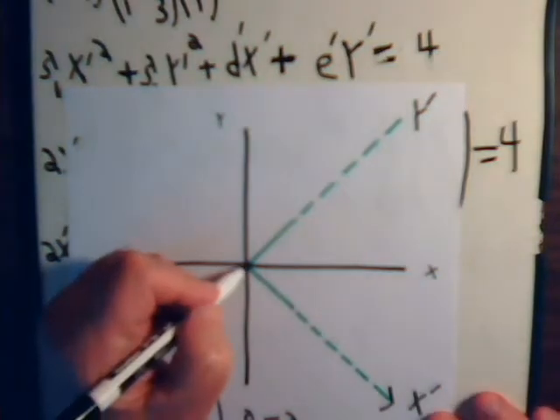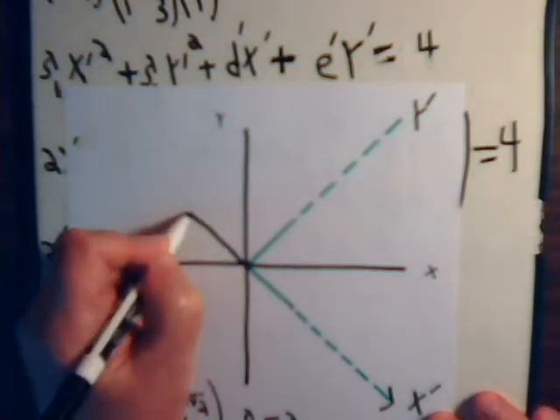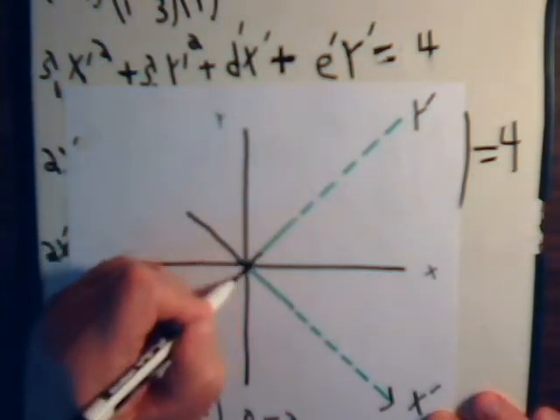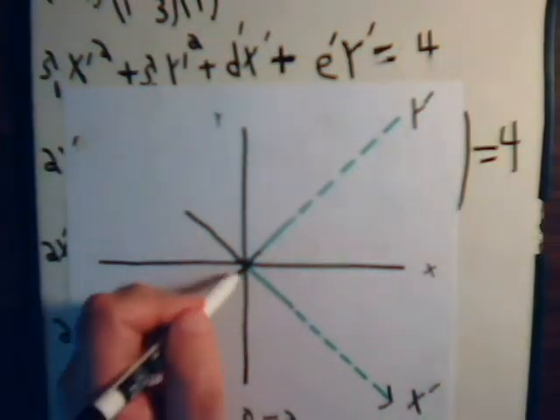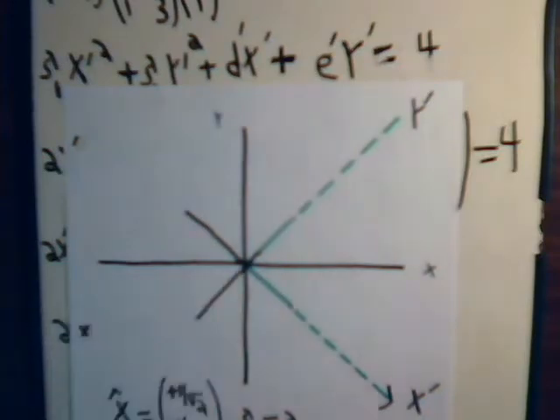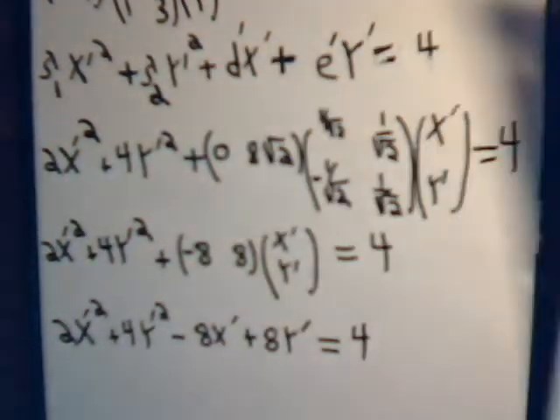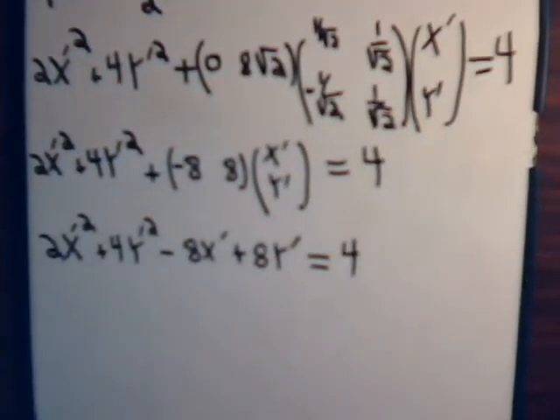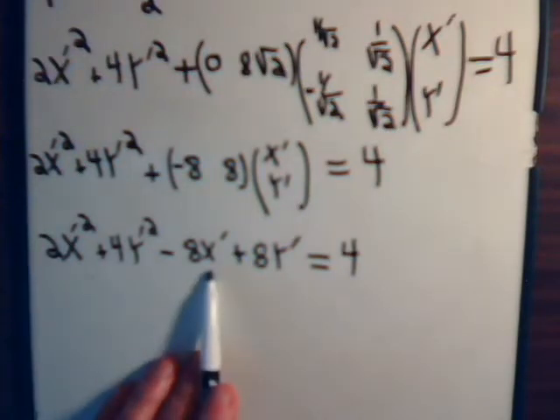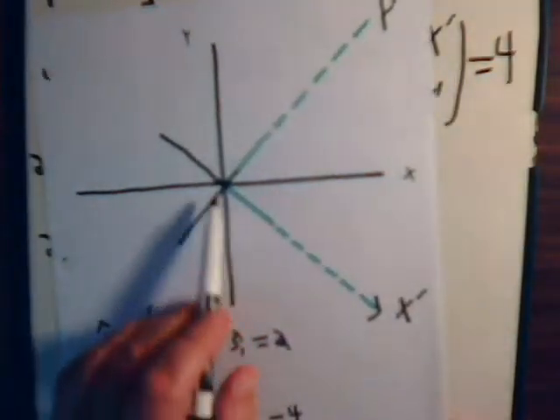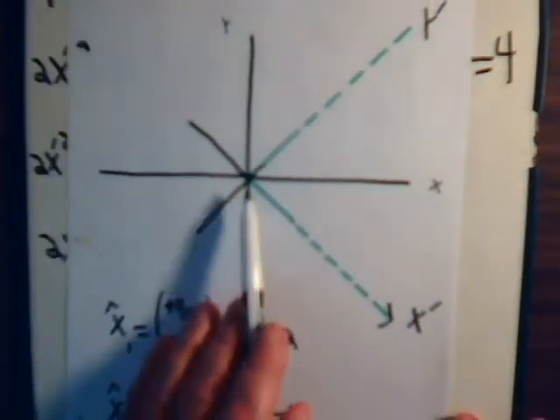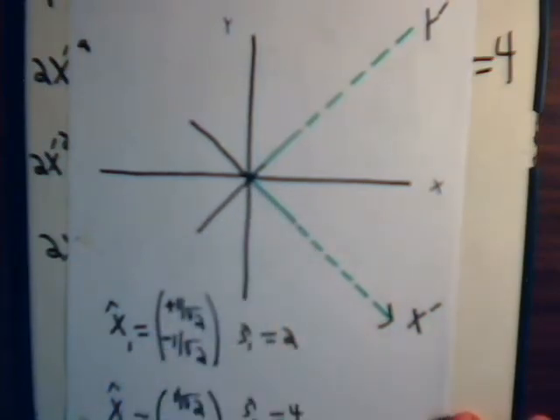We would also have this continuing on. So a rotation of the axis, the origin is still right here though. But now we see we have x prime terms and y prime terms. So on our new x prime, y prime axis, there's going to be a translation of the origin.